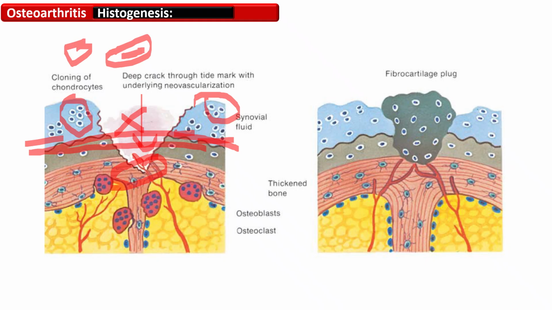When there is vascularization of this area, there is infiltration by the mesenchymal cells. Then they differentiate into a fibrocartilage plug.